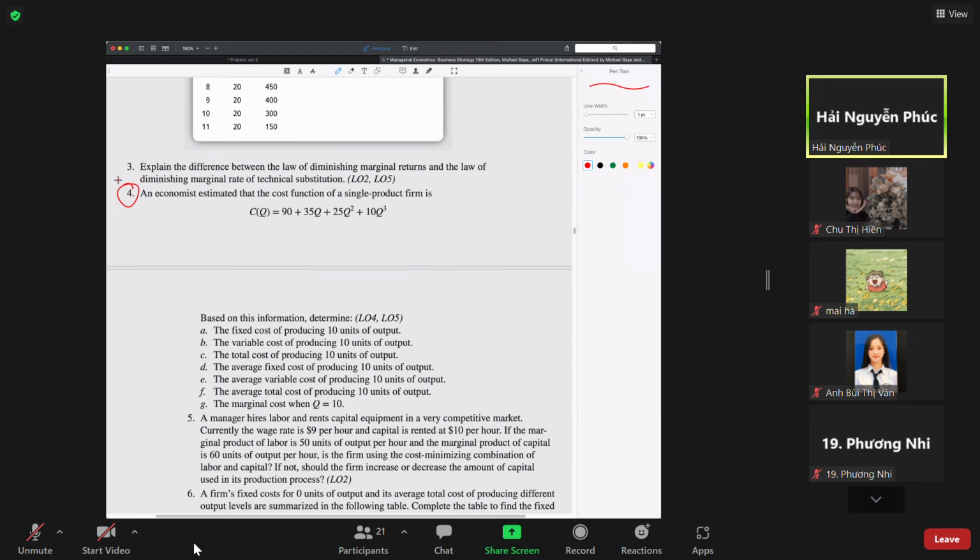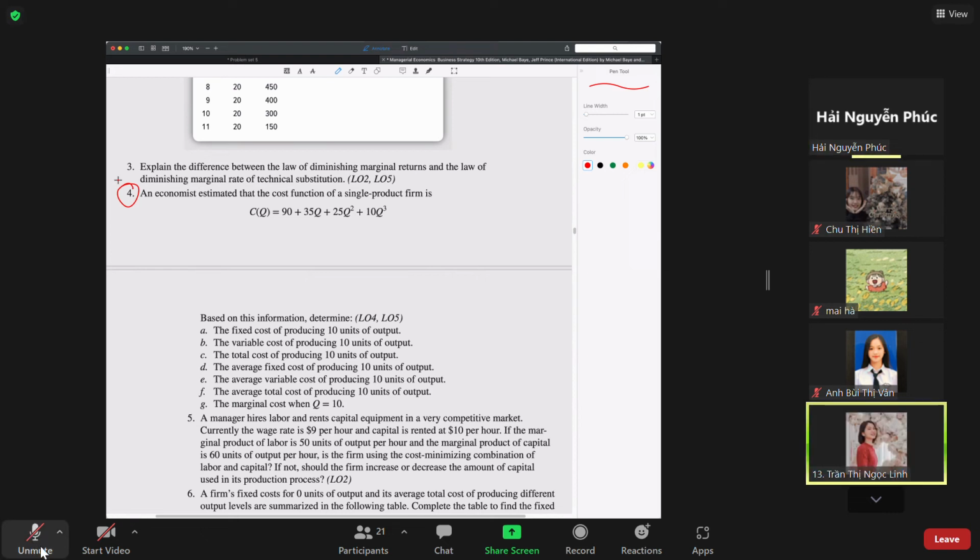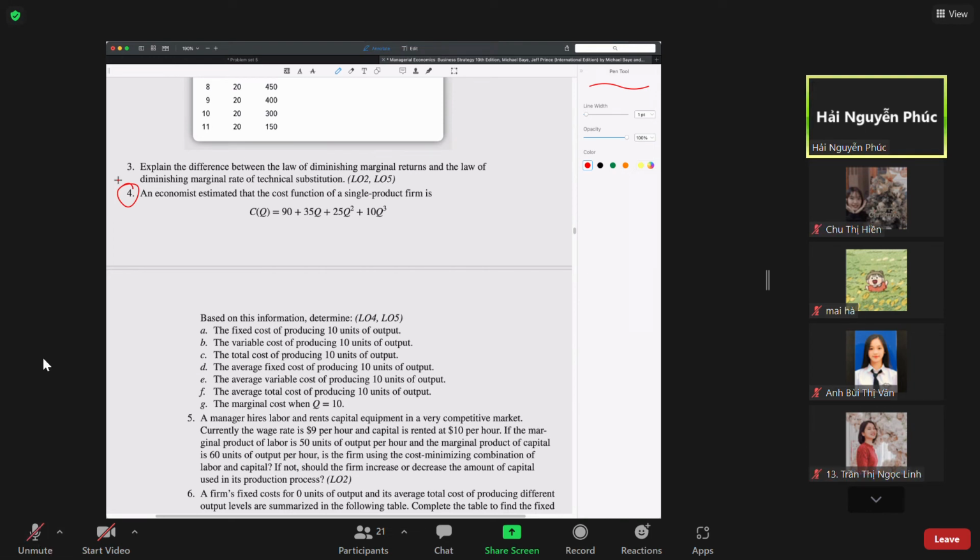So please, A, the fixed cost of producing 10 units. Yeah, that's correct. Thank you, Linh. Now the next one, the variable cost of producing 10 units.